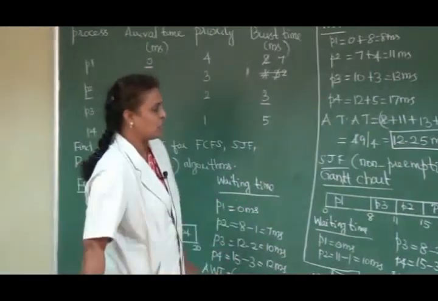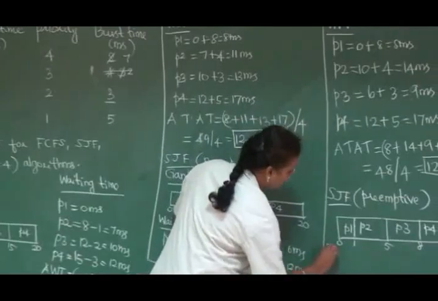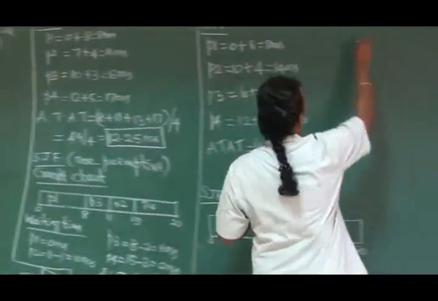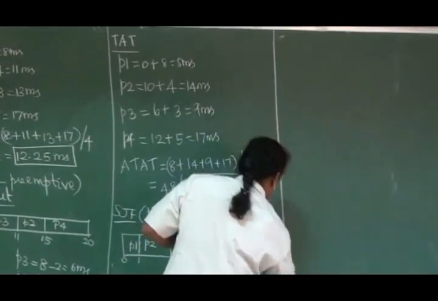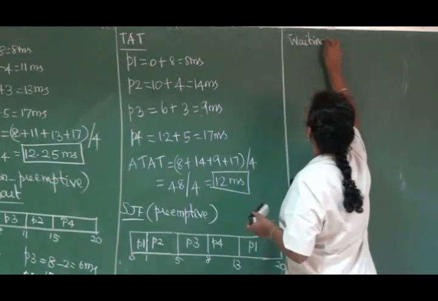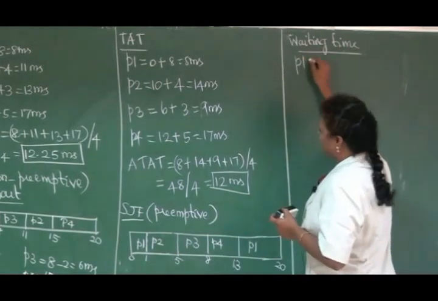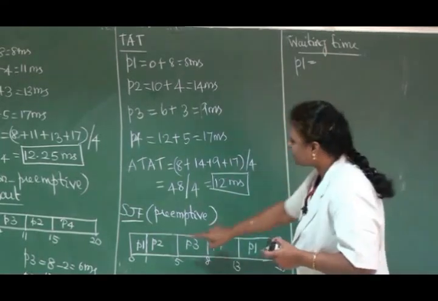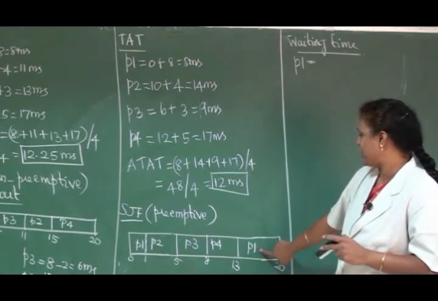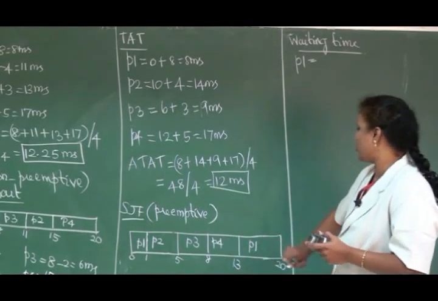So now we have to calculate the average waiting time. So for every process we have to calculate the waiting time first. So waiting time for process P1. Here P1 is getting the CPU 2 times, so we have to take the latest CPU allocation time.